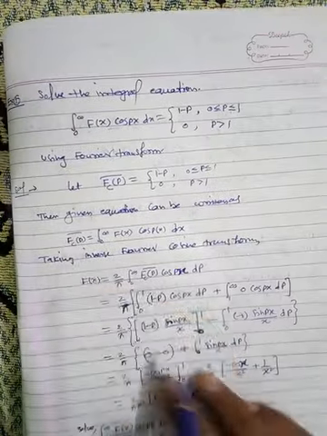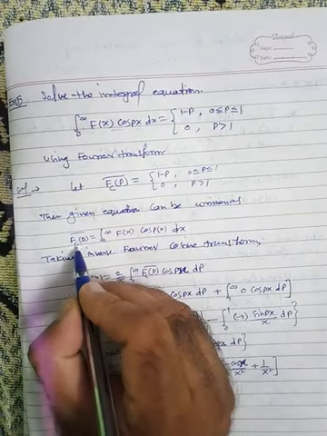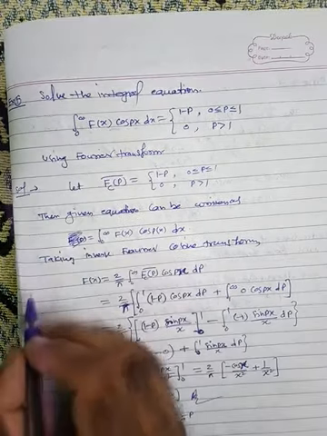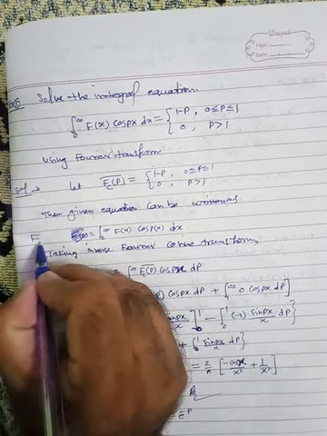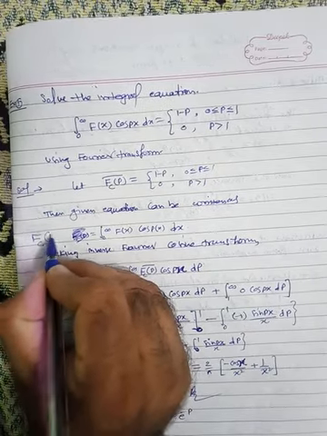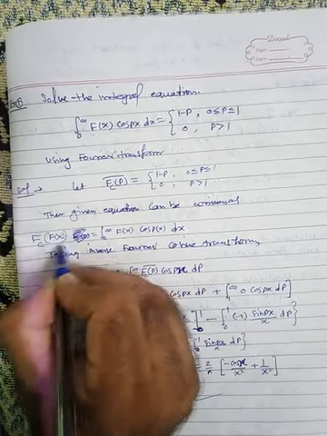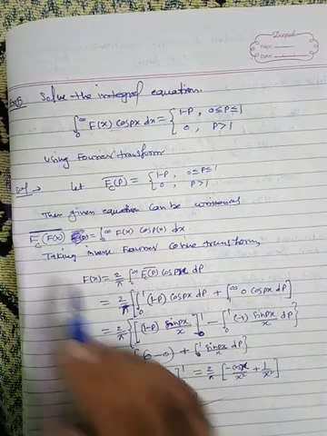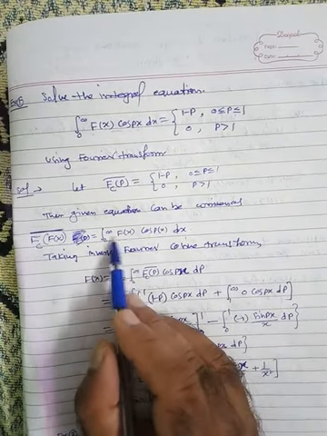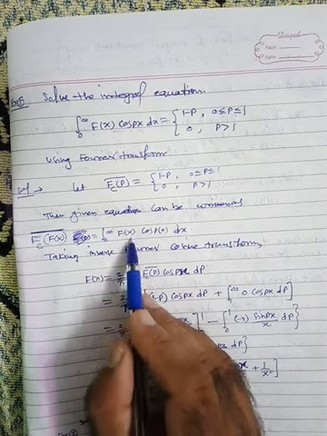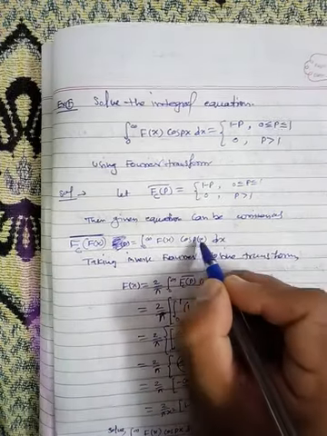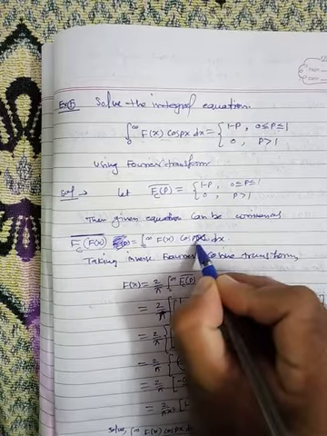So the Fourier cosine transform of f(x) is equal to the integral from 0 to infinity of f(x) cos px dx.